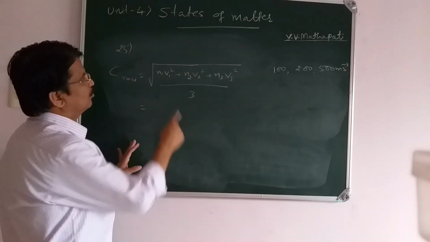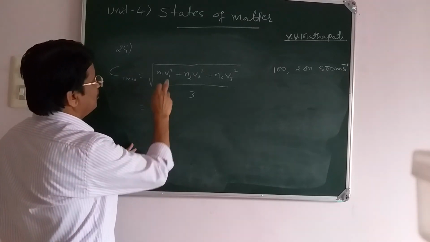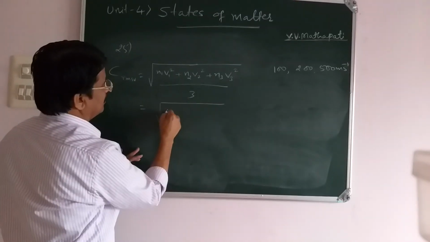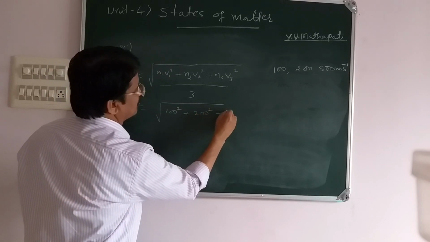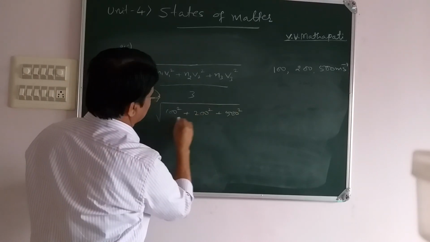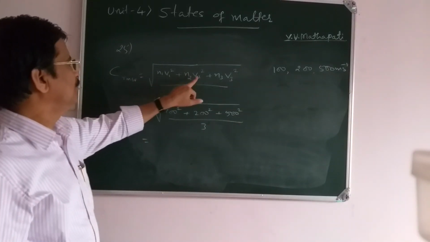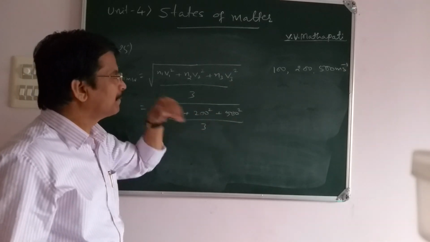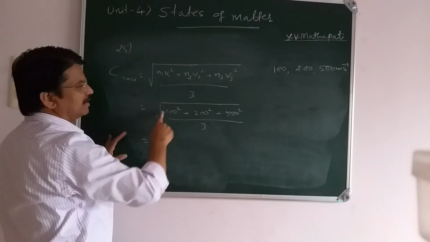Next, one molecule each. Then V1 square: 100 square plus 200 square plus 500 square by 3. V1, V2, V3 values are given, and according to the formula you have to square and take their square root.